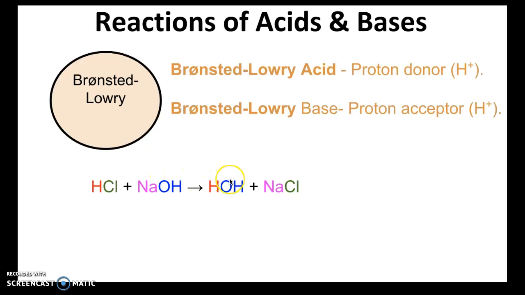And that forms HOH, which is actually H2O, or water. The other thing that it forms is the Cl- and the Na+. They will get together and form NaCl. So as you can see, the acid donates its proton to the base, and the base accepts the proton from the acid to form water, and then the other product would be salt.